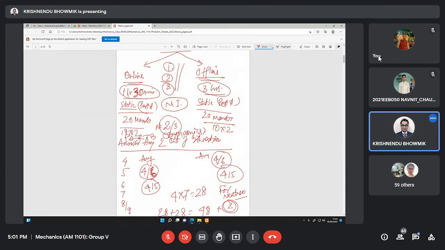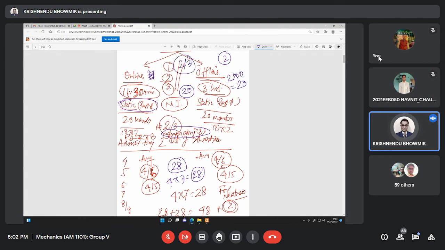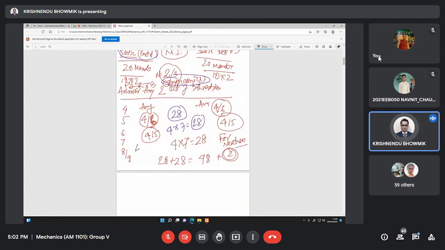So we have two parts: one is static, part A, the other is dynamics, part B. Here 20 marks; in dynamics 28 marks. 2 by 3 questions of 10 marks make 20. 4 multiplied by 7 equals 28. 2 marks are kept for neatness. Here you answer any 2 by 3, that is confirmed. Here it is either 4 by 6 or 4 by 5.